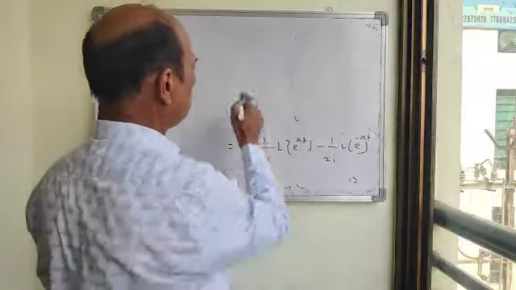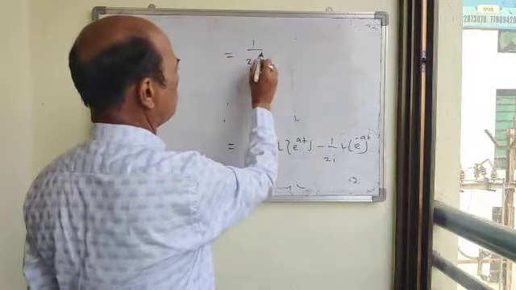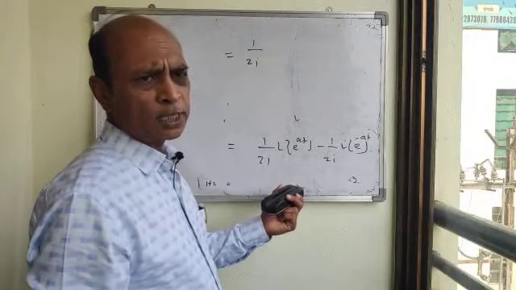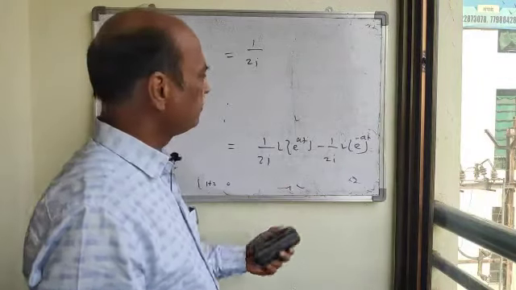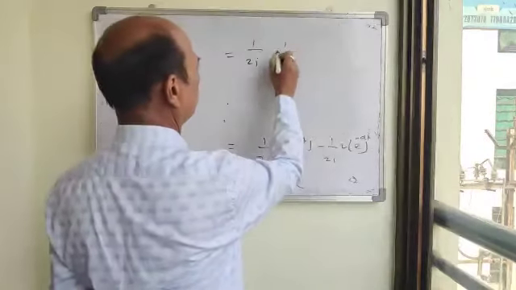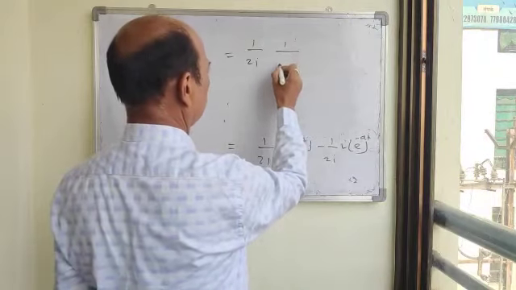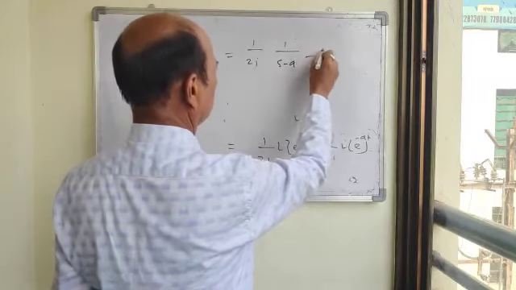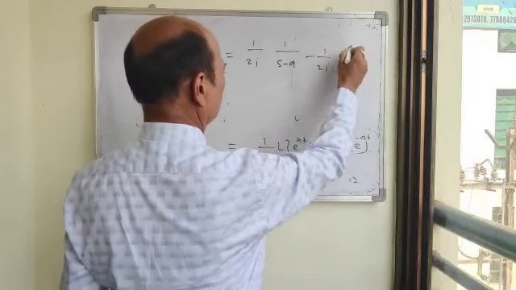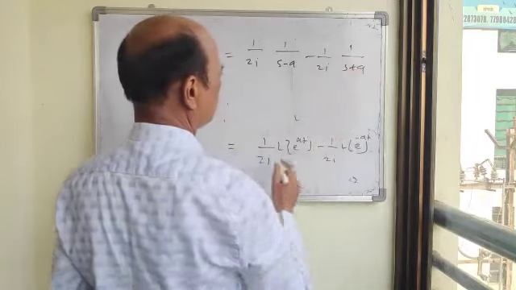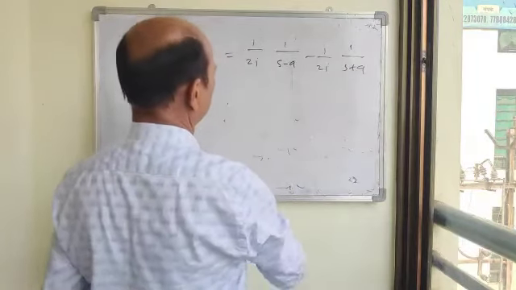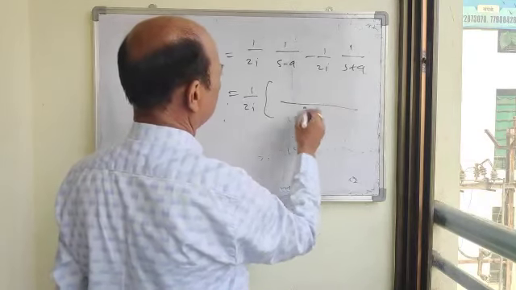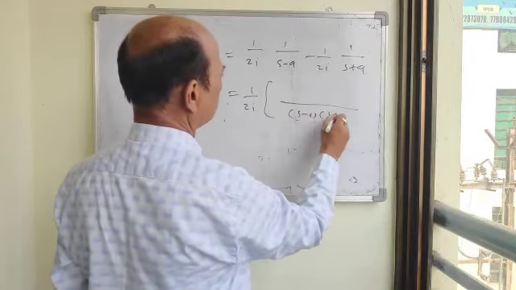Which is equal to 1 upon 2i. Now L of e to the power at, by applying the Laplace transform of exponential function, is 1 upon s minus a. So 1 upon 2i times 1 upon s minus a, minus 1 upon s plus a. Here take 1 upon 2i common. The LCM is again s minus a, s plus a.